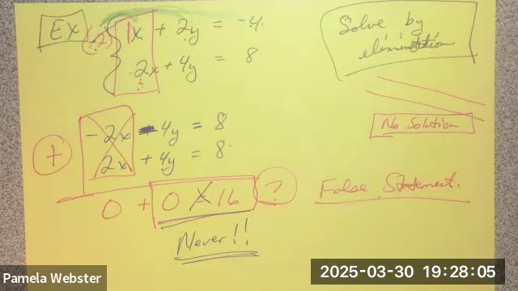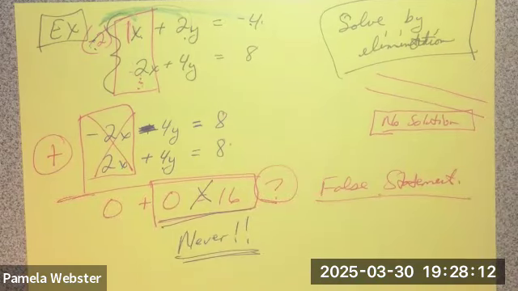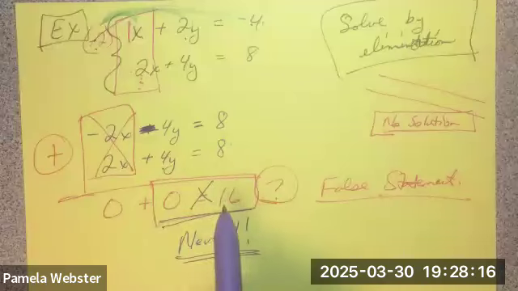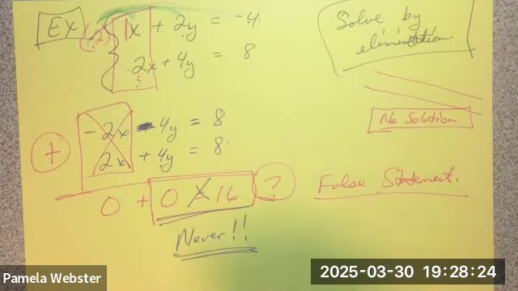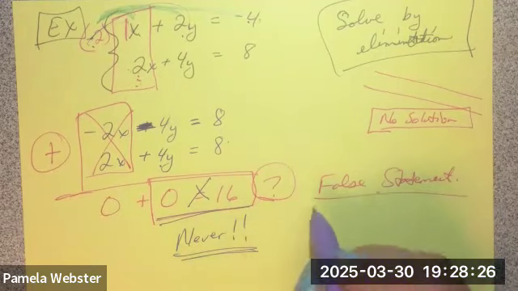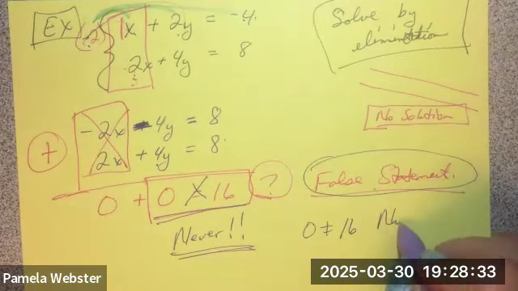So whenever I see something like that, 0 equals 16 or 5 equals 0, or it could be something weird like 3 equals 2, whole numbers or fractions or whatever, they have to be equal to themselves, right? Like when we checked those solutions earlier, it had to work out that they were the same number on both sides. This is not true. 0 does not equal 16. So this is a false statement, and this is no solution.